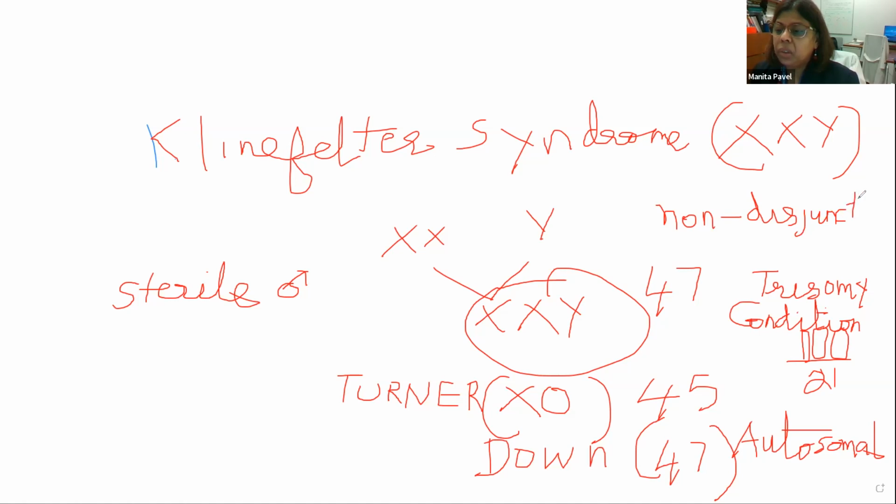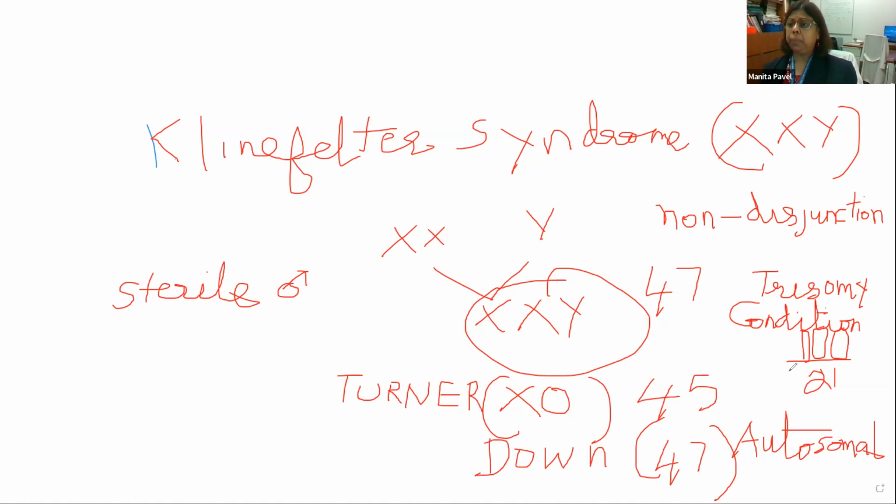So what is non-disjunction? Non-disjunction is the failure of this extra copy of chromosome to separate out from its pair. Where this extra copy came from, geneticists don't know. And because it failed to separate out from the pair, it has caused this aberration called Down syndrome.